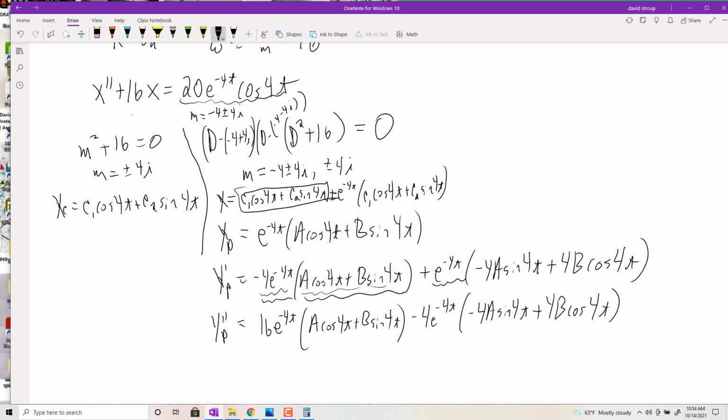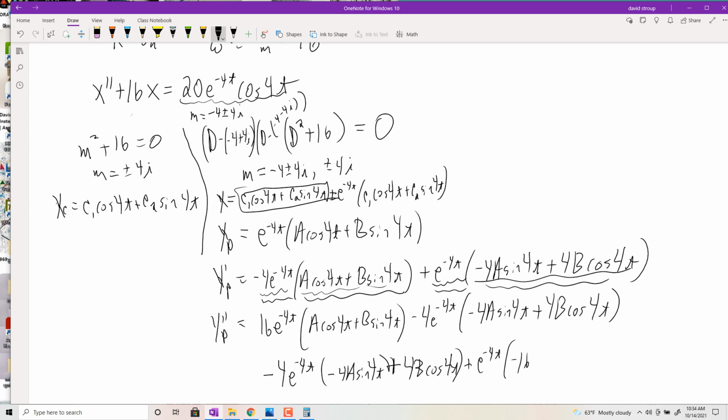And now I'll take the derivative of this and leave the other part alone. Leaving that alone, and now I'll take the derivative of this, but leave that alone. So that will be negative 16a cosine of 4t minus 16b sine of 4t.